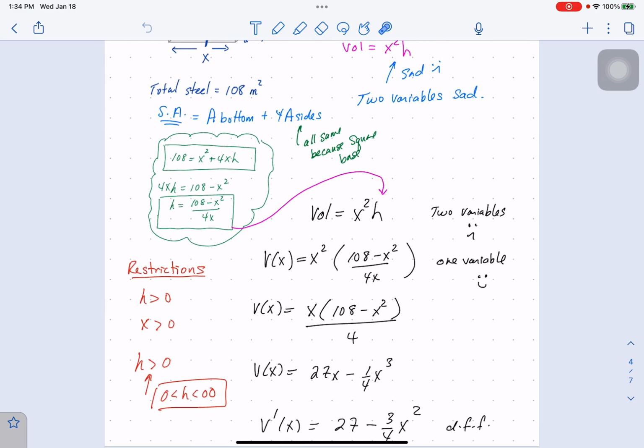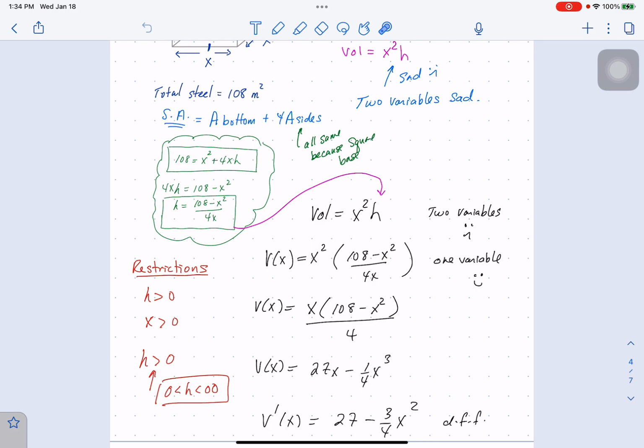So a couple of things here. First thing I'm noticing when I'm looking at it is that it looks like I went after the restrictions on H, which is kind of interesting. Here's H, and I get that, but I went for the restrictions on the wrong variable, because what I have my function in terms of, once I do the substitution, is X. So that's the value I'm going to get for my critical value moving on.